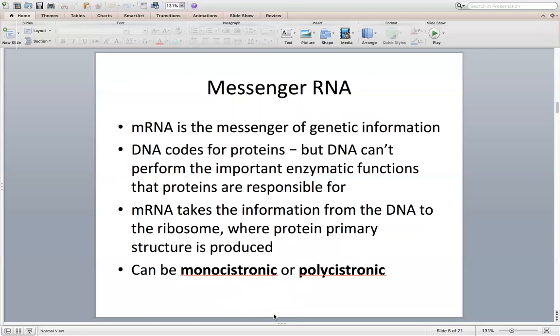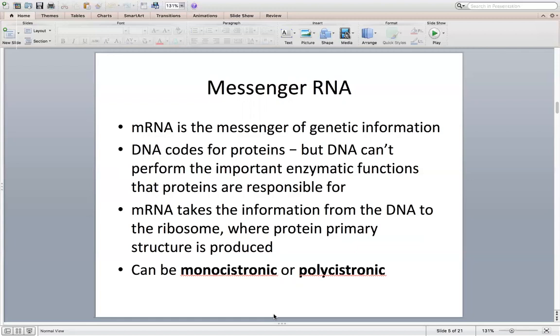So the first one is messenger RNA, and messenger RNA is crucial in making sure that the genetic information on that DNA template strand gets accurately turned into the corresponding amino acid sequence. This is important for the production of a functional protein, because it's important that that information gets relayed in the way that it's intended for that specific protein to be produced.